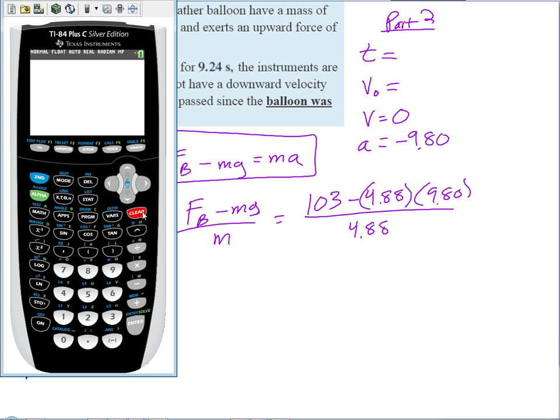That's going to give us 103 minus 4.88 times 9.8 all divided by 4.88, which, to 3 places, is 11.3. I'll keep it in my calculator to more places though.